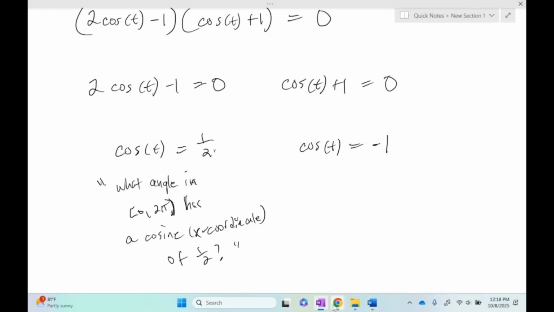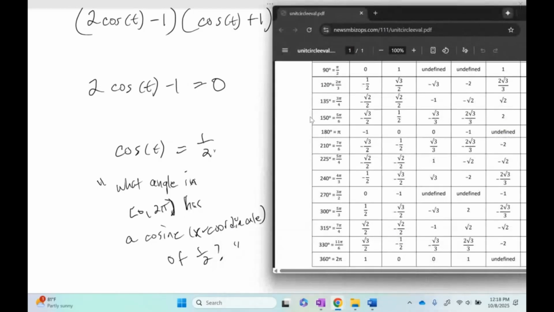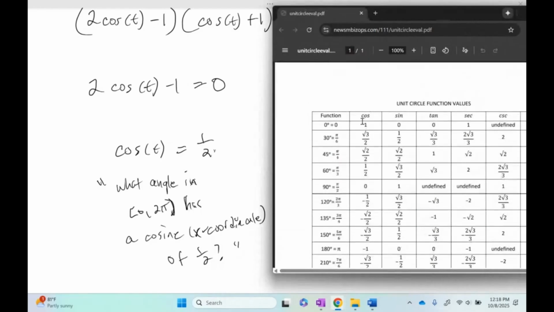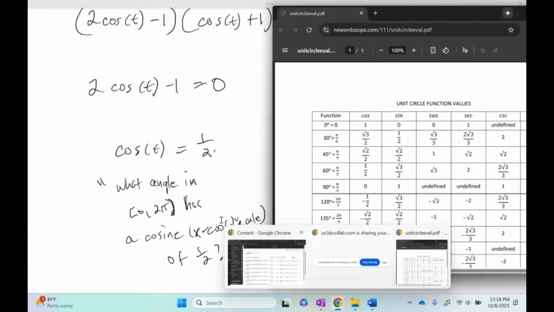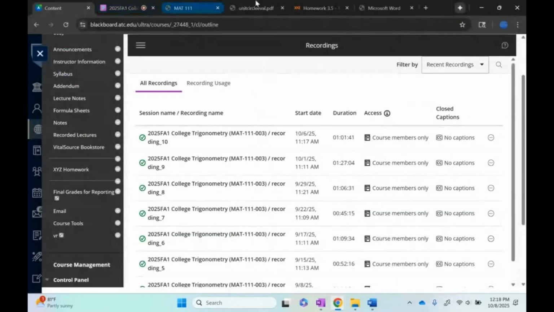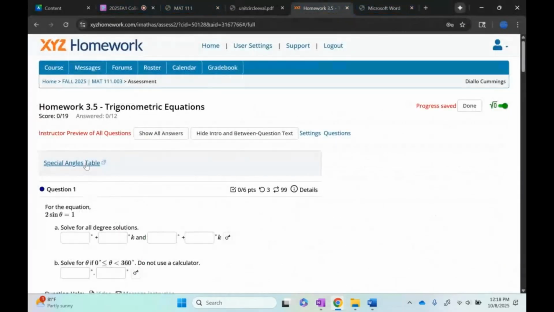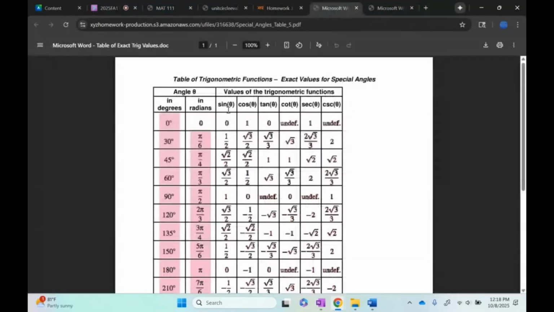If we look at the unit circle function values, the cosine is the first column. Be careful, because on mine the cosine is the first column, but if you're using what's in XYZ homework, they're using the sine. So please be careful on that. I just noticed that today when I was printing this out.